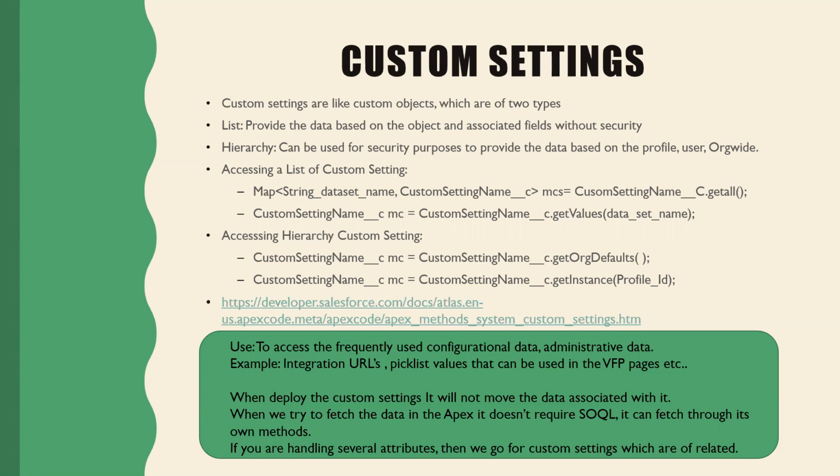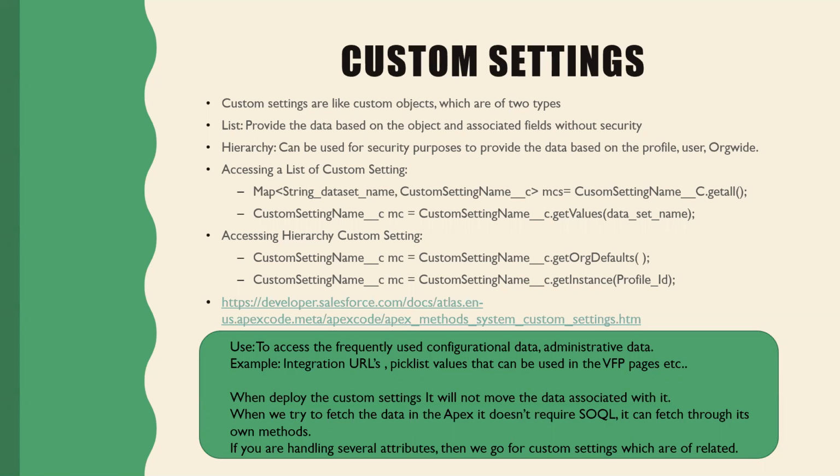In that case, I can create these custom settings and manage the complete comma-separated string, whatever address we maintain, as a complete value, so that it can be used as a picklist. You know what I'm saying?